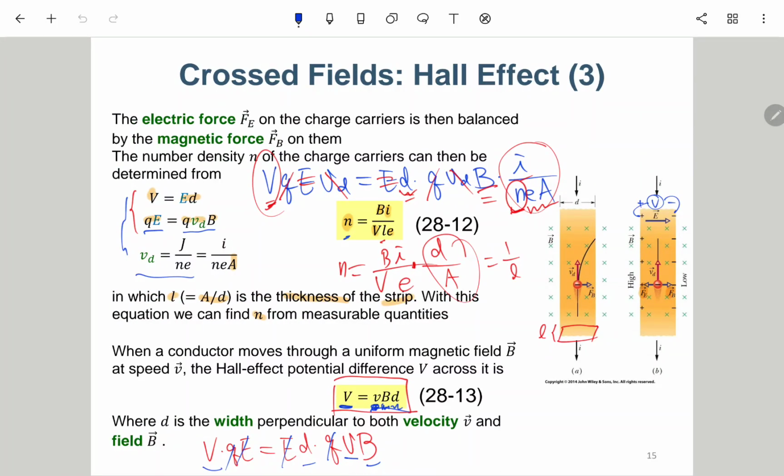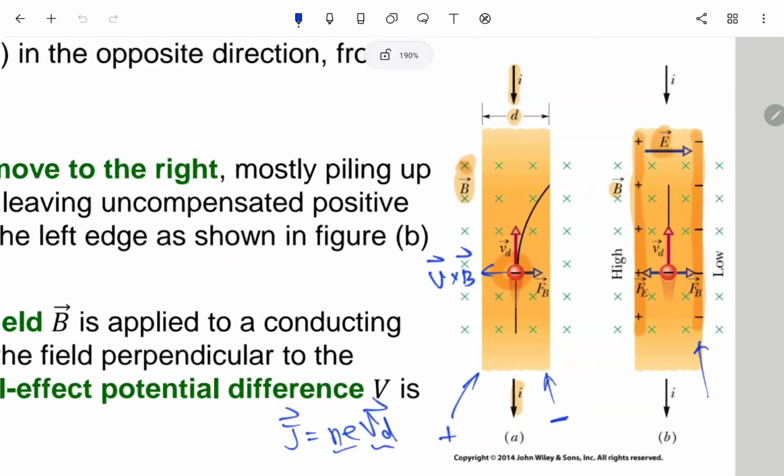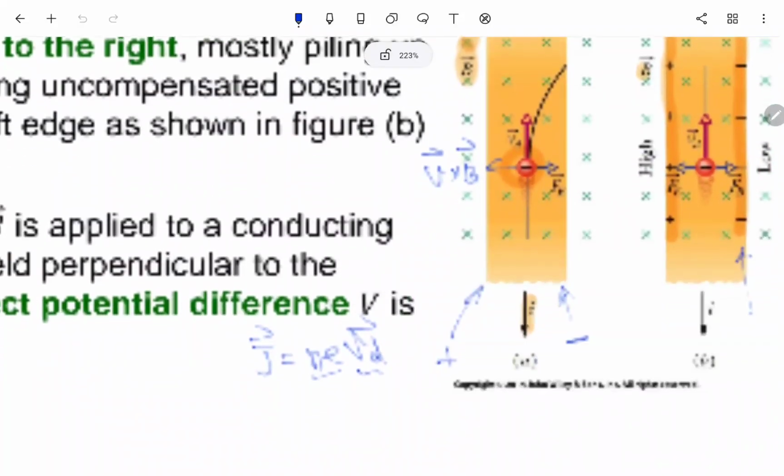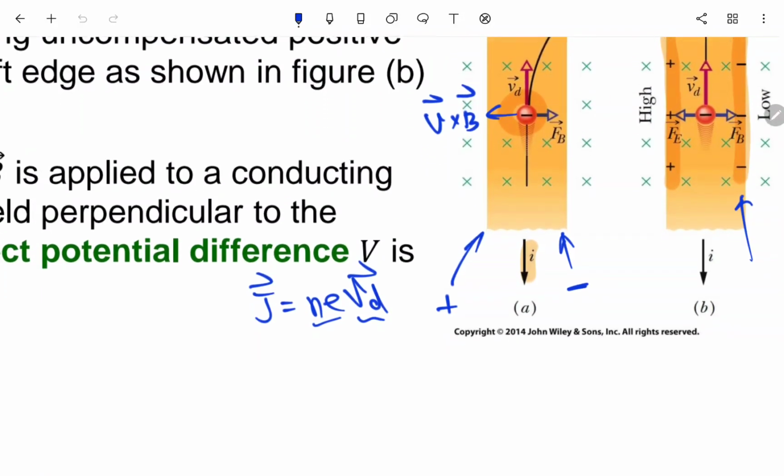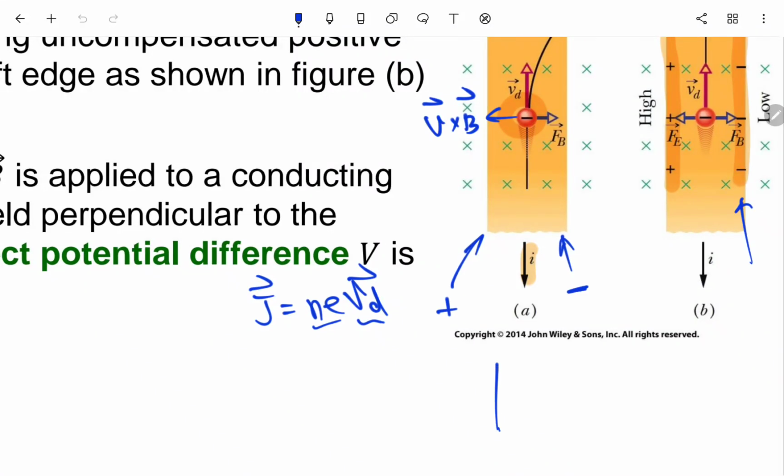Just now I mentioned that if we assume the charge to be positive, there will be some conflict. Let's consider a positive charge, the B field pointing into the page, and the current pointing downward. All this does not change. So the drift velocity is pointing downward, because a positive charge has the same direction as the current.